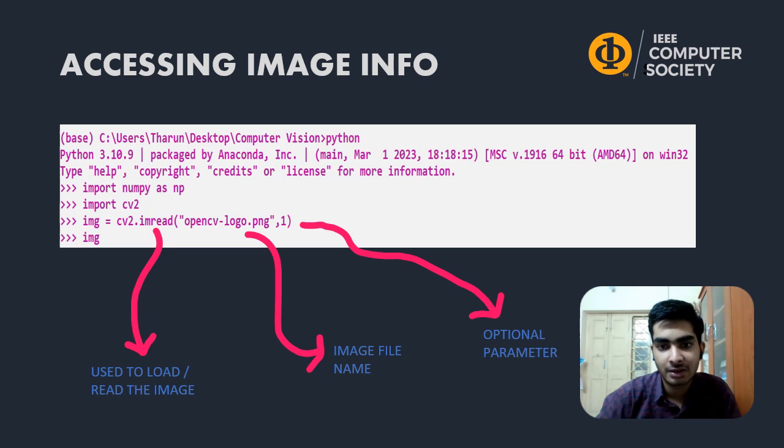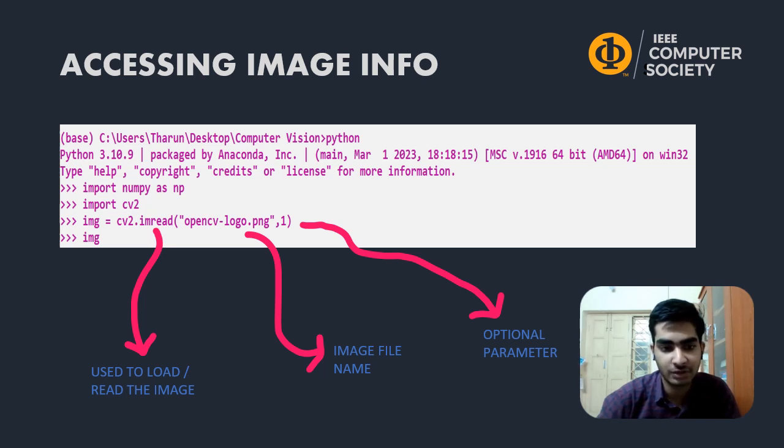The first operation in OpenCV which I am going to teach you is accessing the image information. For that, first we need to import the NumPy package, then CV2. So first I am importing NumPy as np and importing cv2.